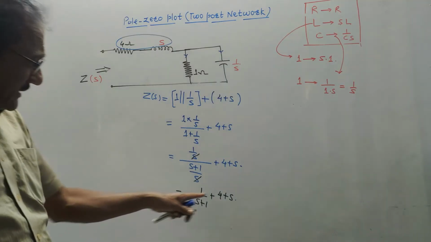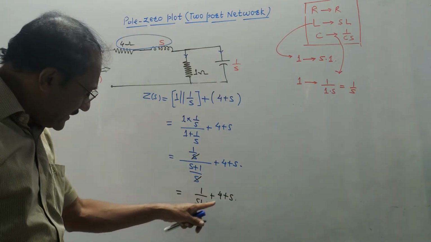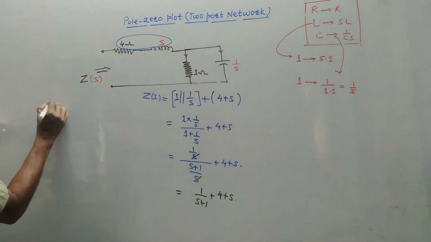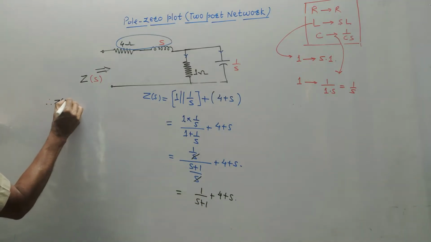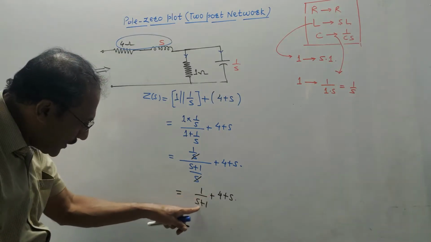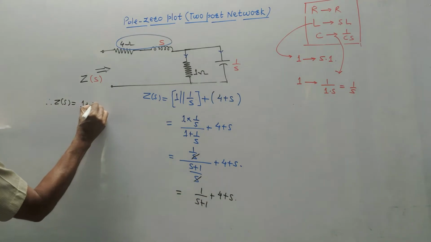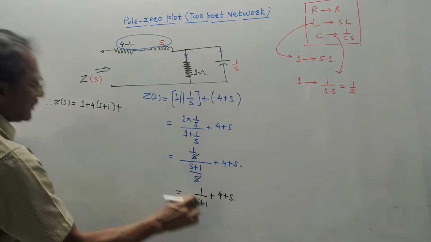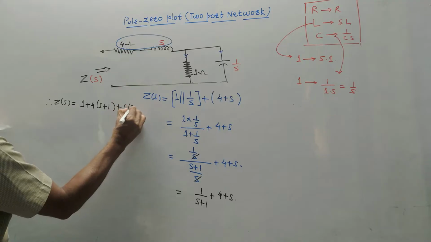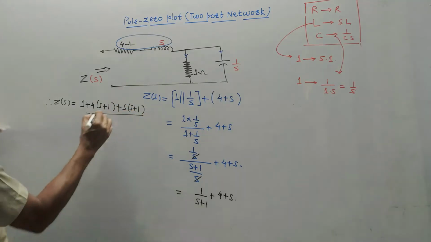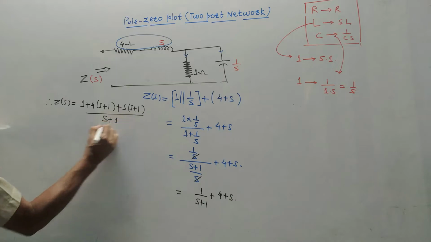Now let us take the LCM, that is multiply this 4 and S by this term. So next equation can be written as Z of S is equals to this 1 remains as it is, plus 4 into S plus 1, plus S into S plus 1, divided by S plus 1. Simply I have taken the LCM.